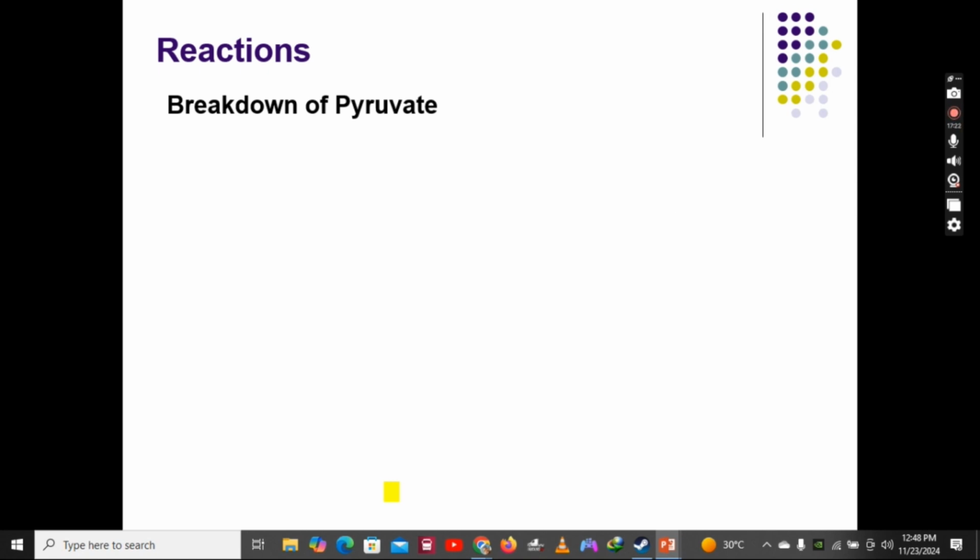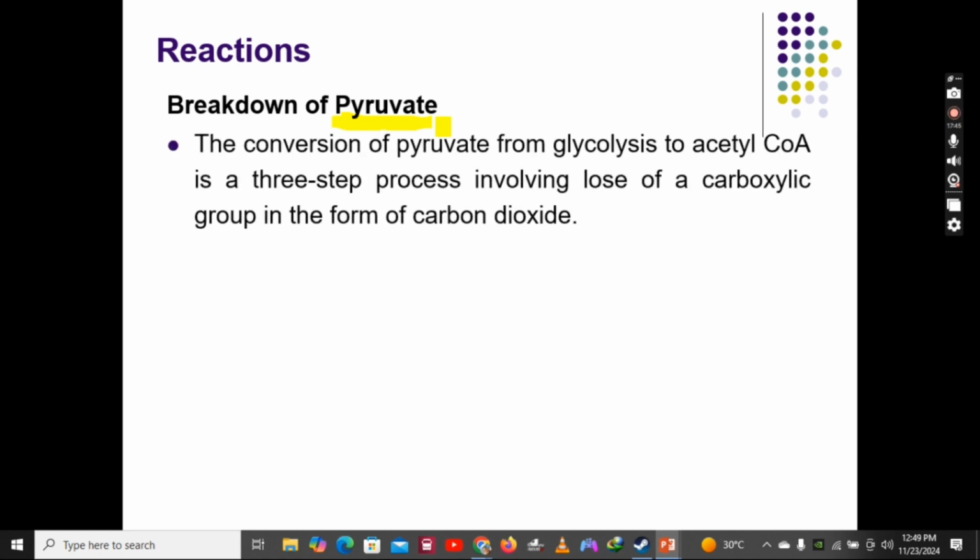So the citric acid cycle starts from the breakdown of pyruvate, the pyruvate that comes from glycolysis. This is where it's broken down, and it's one product that is being used in the citric acid cycle.